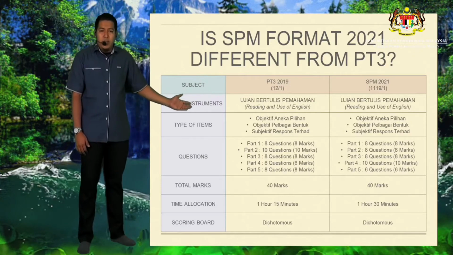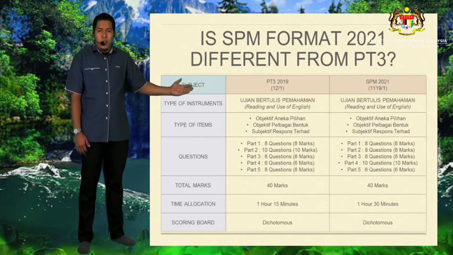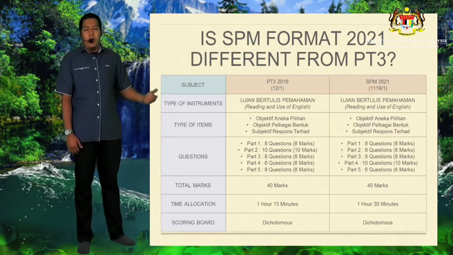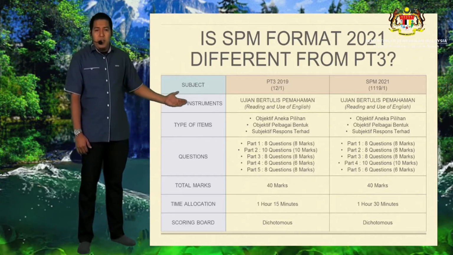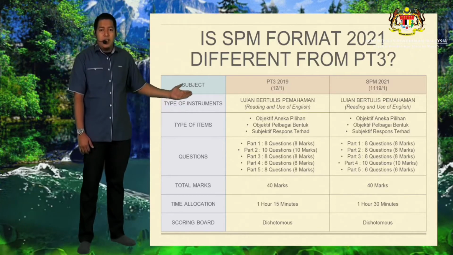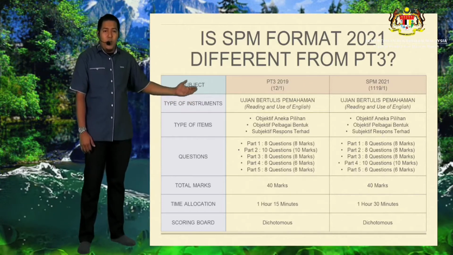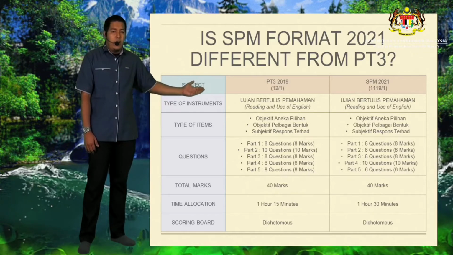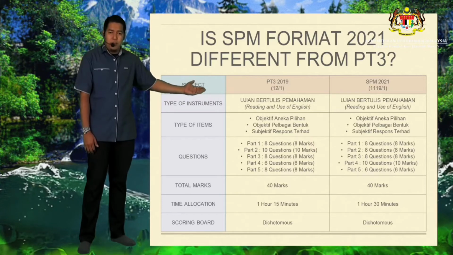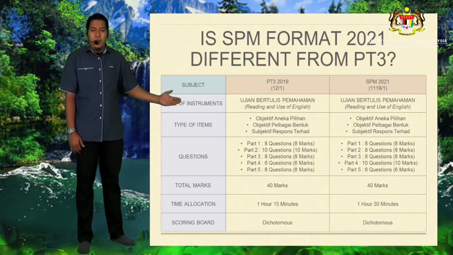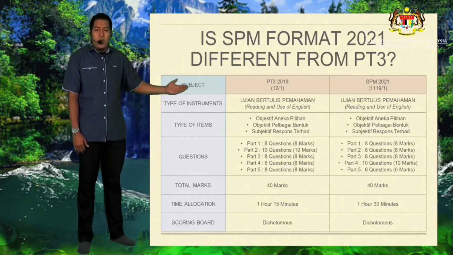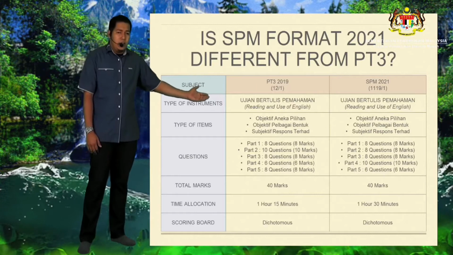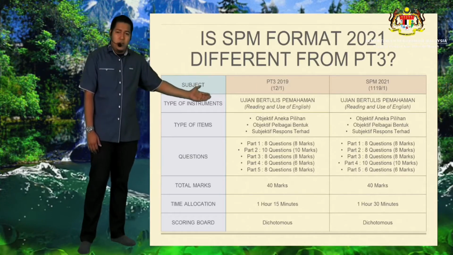For part 3, they share the same number of questions, which is 8. And for part 4, PT3 2019 has 6 questions. Meanwhile, SPM consists of 10 questions. And the last part, part 5, has 8 questions for PT3 and 6 questions for SPM 2021.